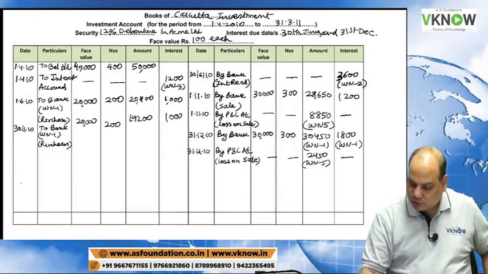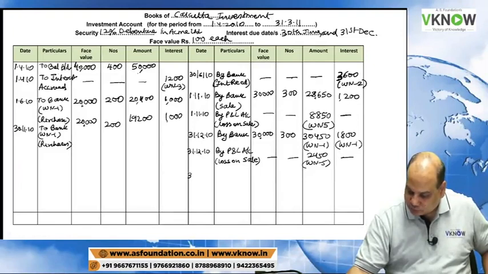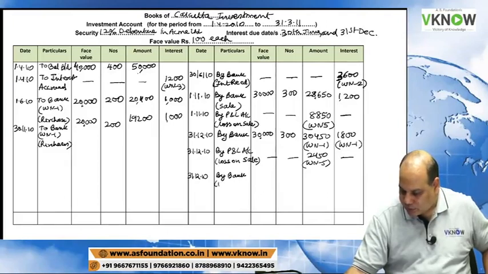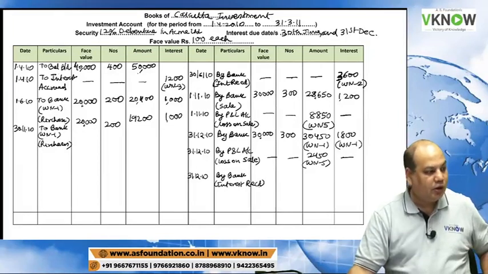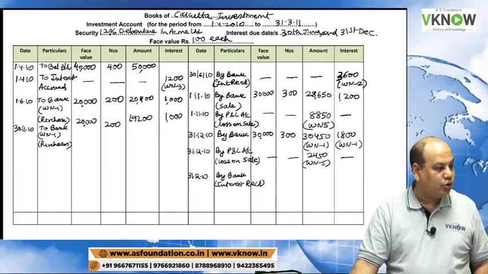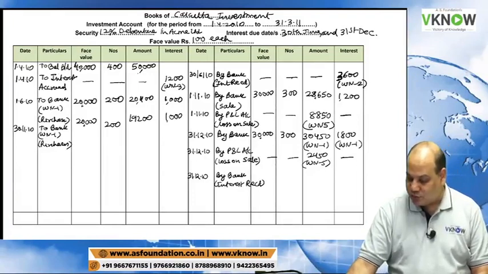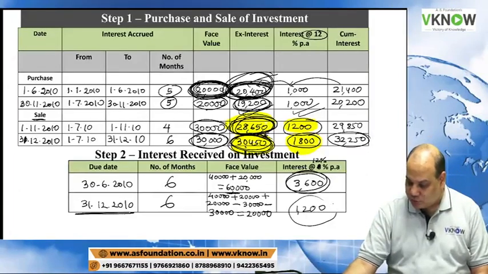Then on 31st December, you have by bank, interest received. Interest received is working note 2. Let me check below.